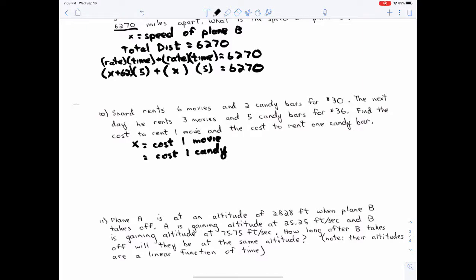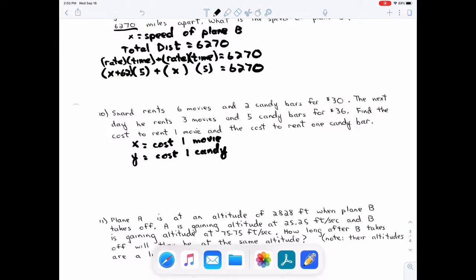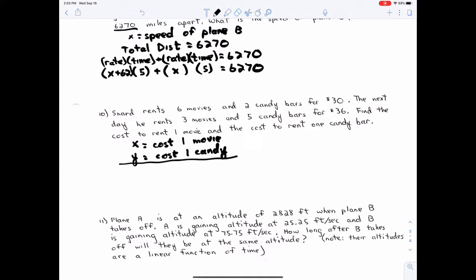Do they give us a relationship between the cost of one movie and the cost of one candy bar? No, they don't. So we're going to need two different variables. Therefore we're going to need two different big pieces of information, not about the movie, not about the candy. It's got to be about both the movie and the candy. I hope this is obvious to you by now. Okay. So we have the total cost, first total cost.